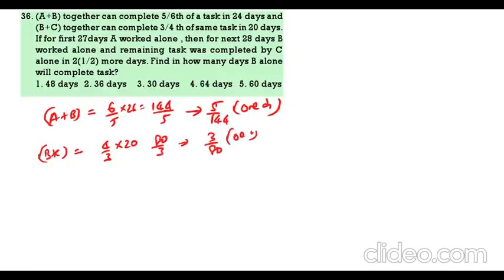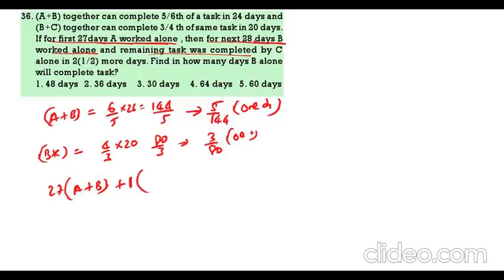Then if first 27 days A worked alone, then for 28 days B worked alone, then the remaining work is done by C in 2.5 days. A worked 27 days alone and B worked for 28 days. So take 27 of A plus B, because 27 is common for both A and B, then B worked for 28, already we took 27, so 1.